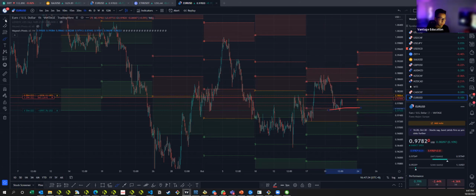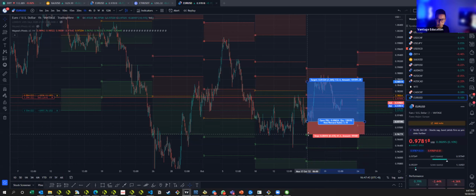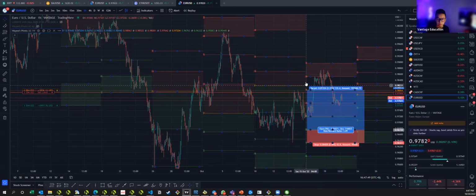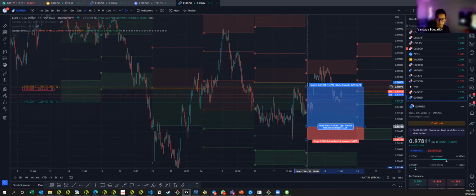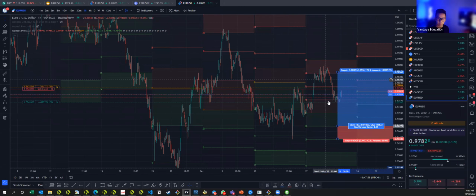I can show you with a tool here. If you were to buy at this period, M2, and your target is M4, your risk to reward ratio is 1:4, because in 1, 2, 3, 4, they are almost of equal size here.